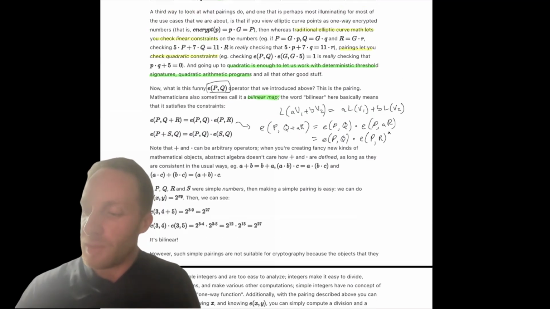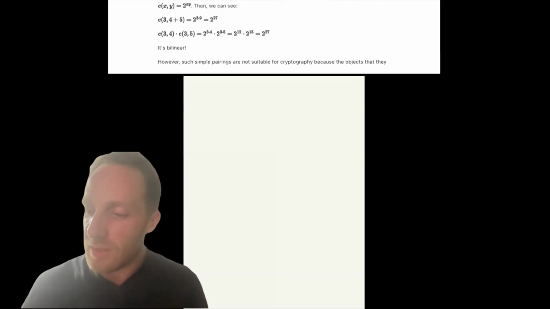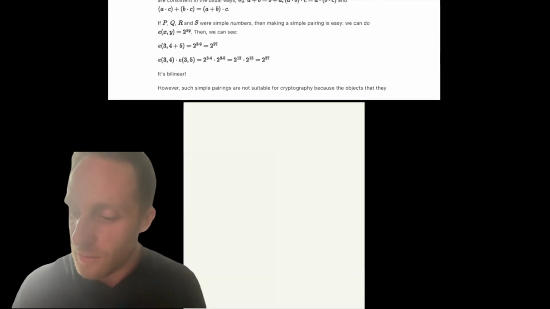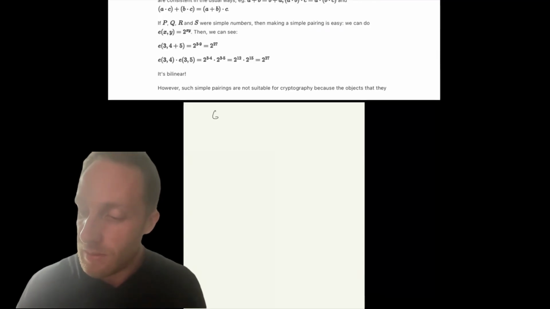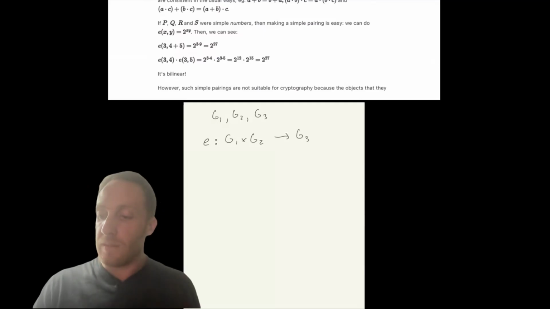So, okay, let's see. Now he starts wanting to, okay, I do want to give a bit more intuition before we go on, because I feel like I didn't. Just to make it clear and write it down, we have groups, let's say G1, G2, and G3. And so e is a function from G1 cross G2 to G3, right?